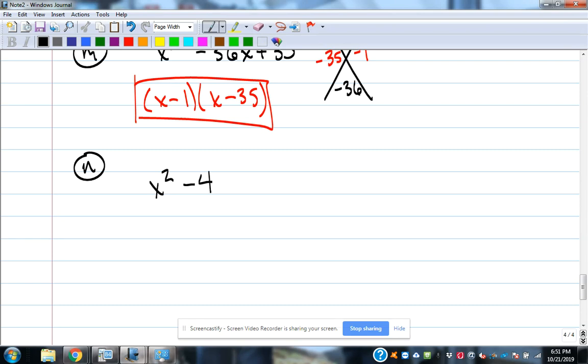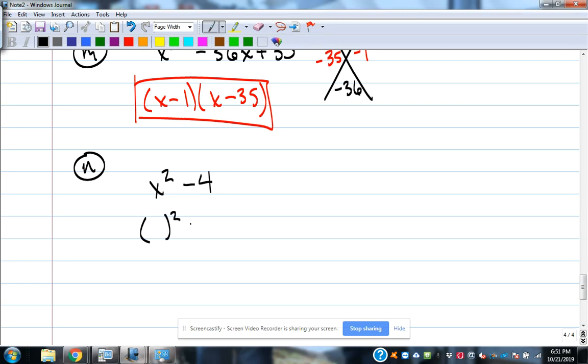And in mathematics, a difference is what kind of problem? Subtraction problem, right? So there has to be a minus sign in it for this to work. Okay. This is a difference of squares because it has x squared. And what do we know about 4? What kind of number is it?